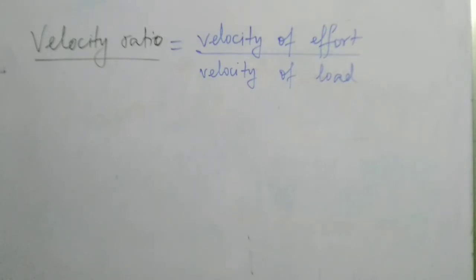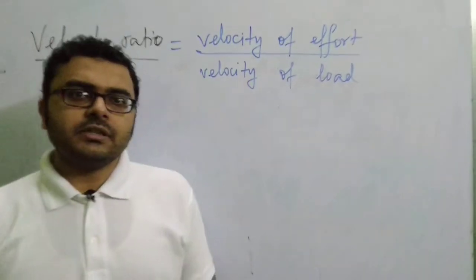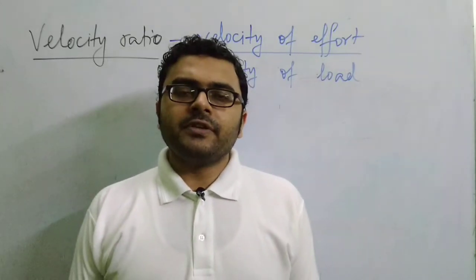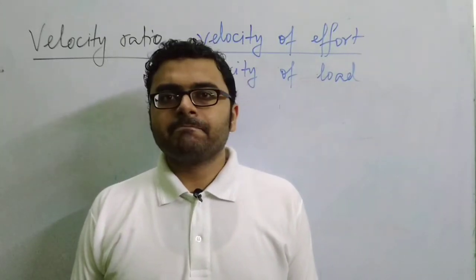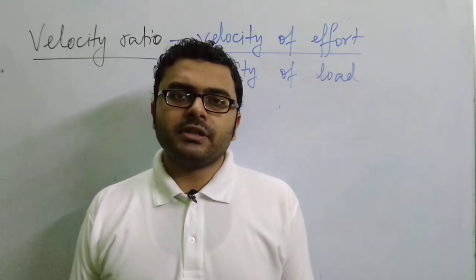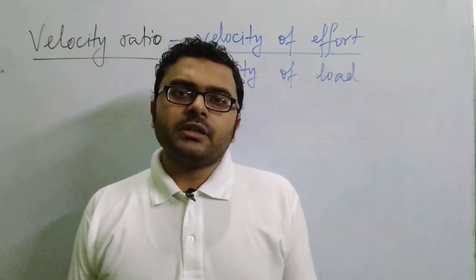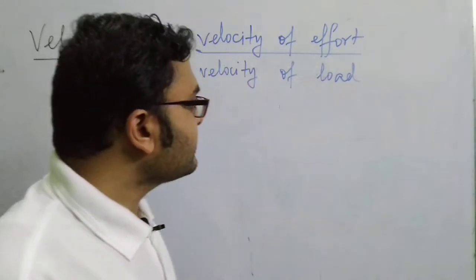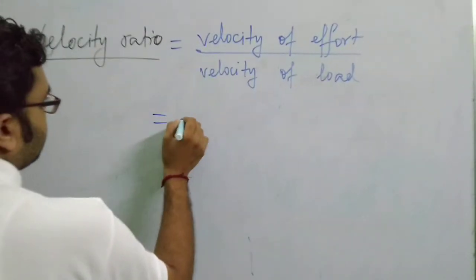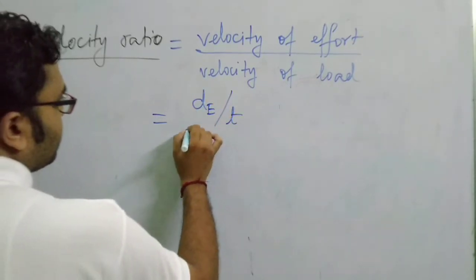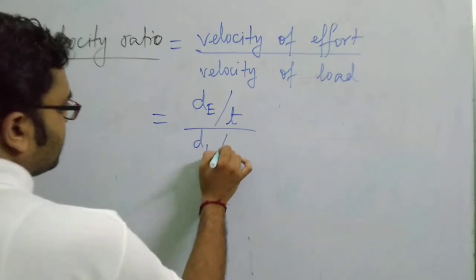Fine. Now, if I say that in a certain span of time, the point where the effort is applied, which may be regarded as the effort point, moves a certain distance, say dE, and within that same span of time, the point where the load is being overcome, the load point, also moves by a distance dl, so can I write that the velocity of the effort will be equal to the distance moved by the effort in a certain time interval t, divided by the distance moved by the load in the same time interval t?